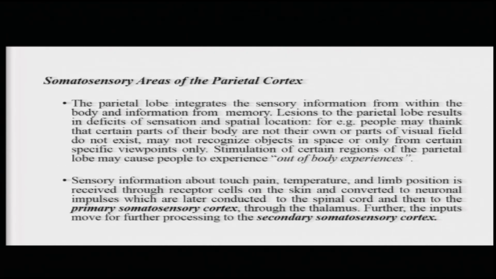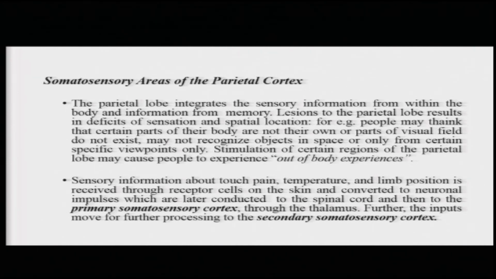For example, if you are performing any complex movements, if you want to navigate to some place, or if you are experiencing different kinds of stimuli from the environment, this is a region of the brain that will try and integrate that information.